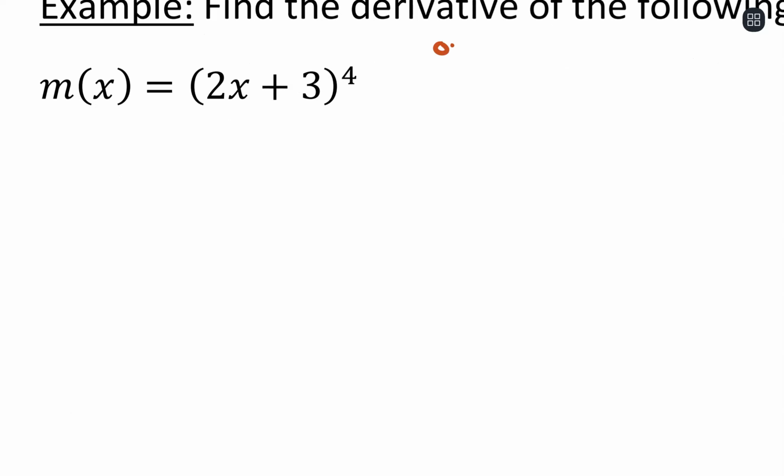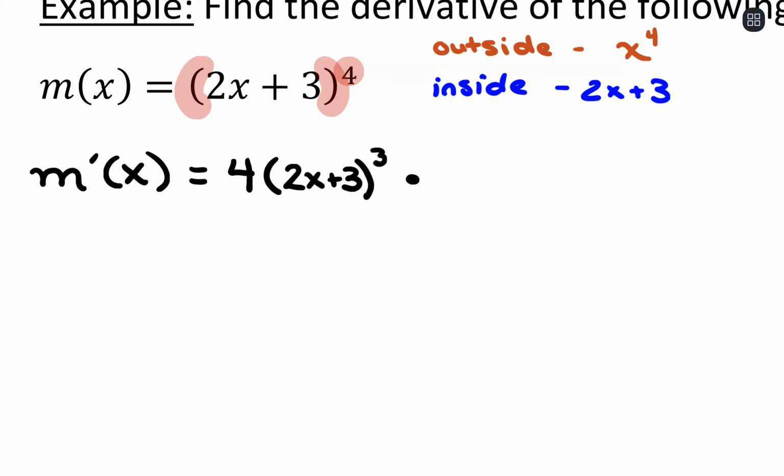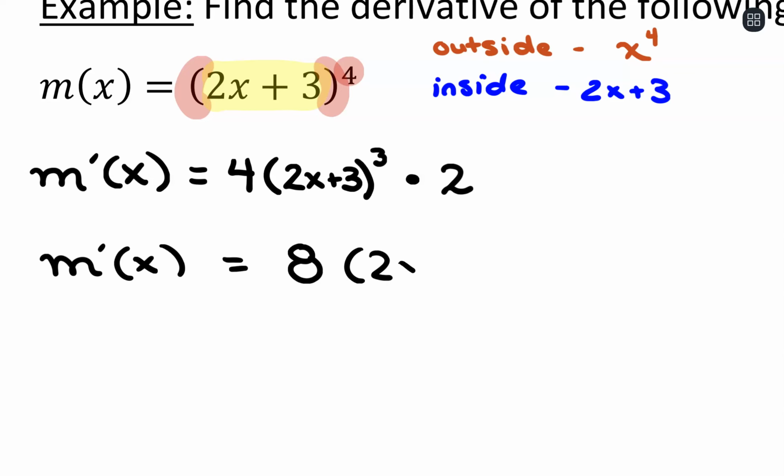So this right here is taking the derivative of that outside function, keeping the inside function. And then we're going to multiply by the derivative of the inside function, which is 2x plus 3, which would be 2. And with that, we're just going to simplify. So it's 8 times (2x plus 3) raised to the third power.